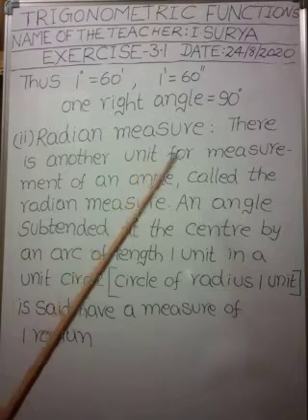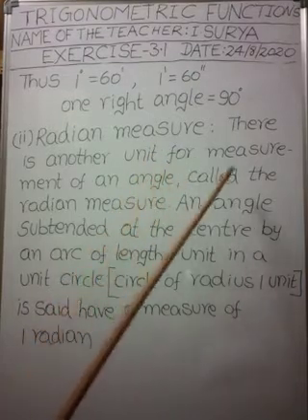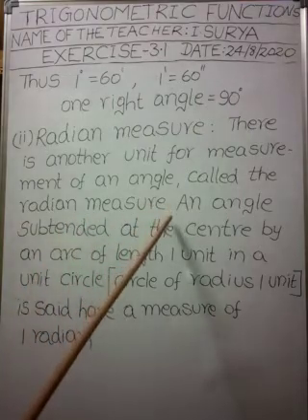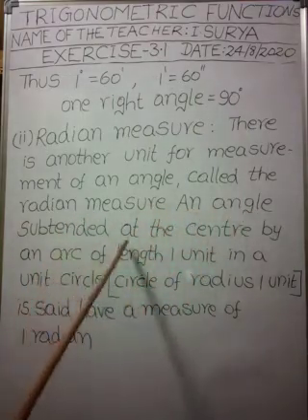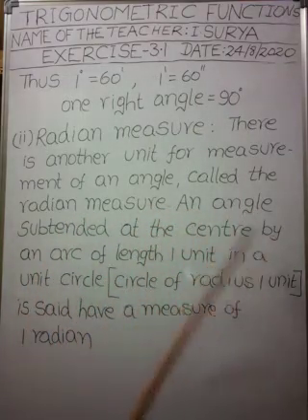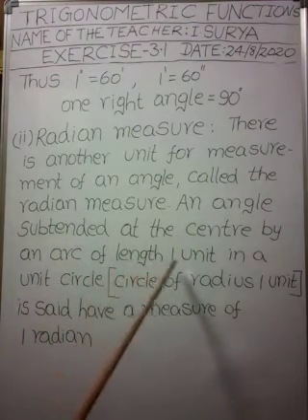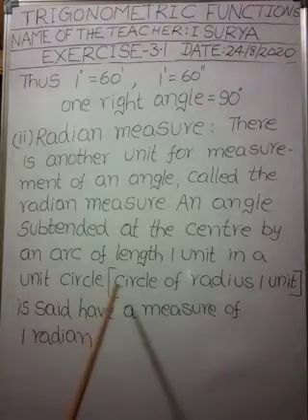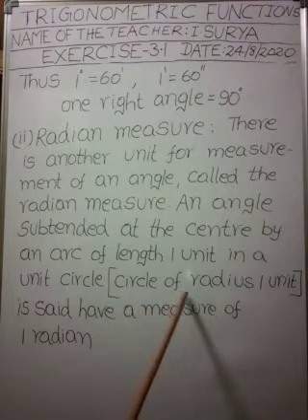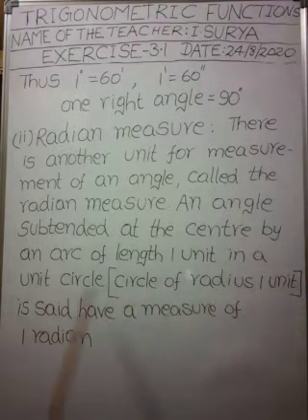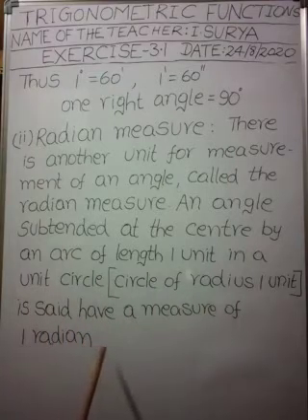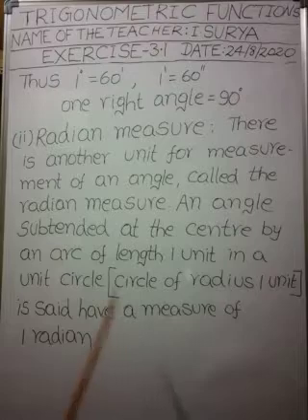This is the second unit of measurement of an angle. An angle subtended at the center by an arc of length 1 unit in a unit circle, where unit circle means a circle of radius 1 unit, is said to have a measure of 1 radian.